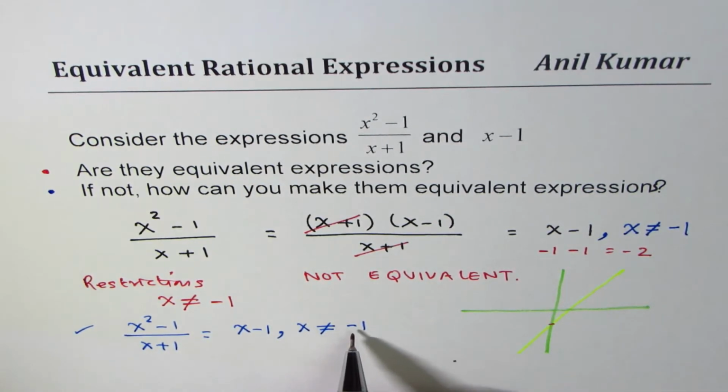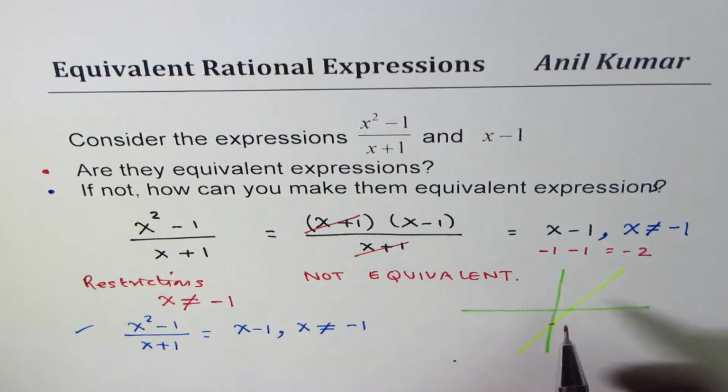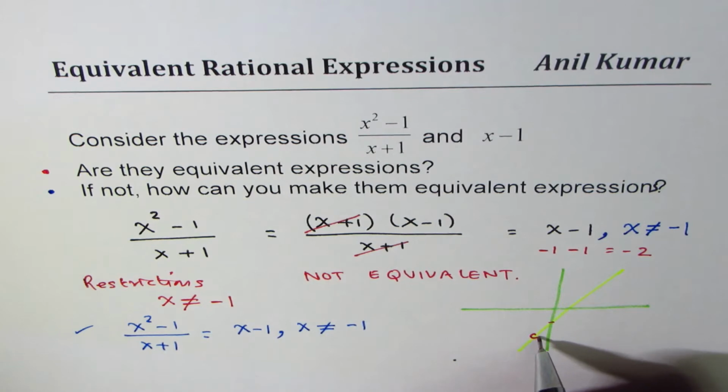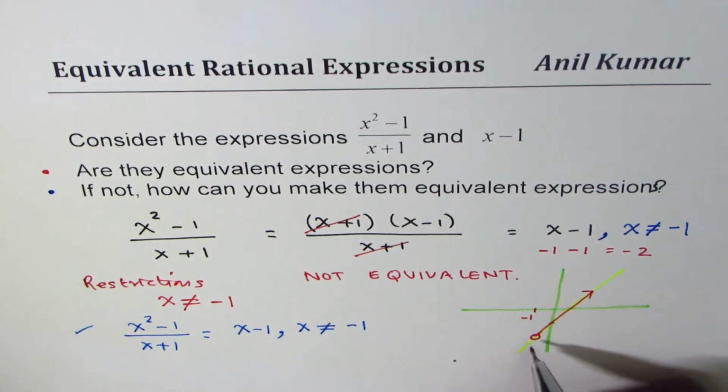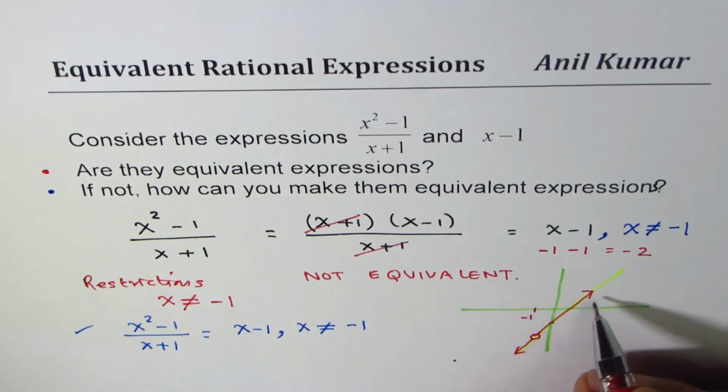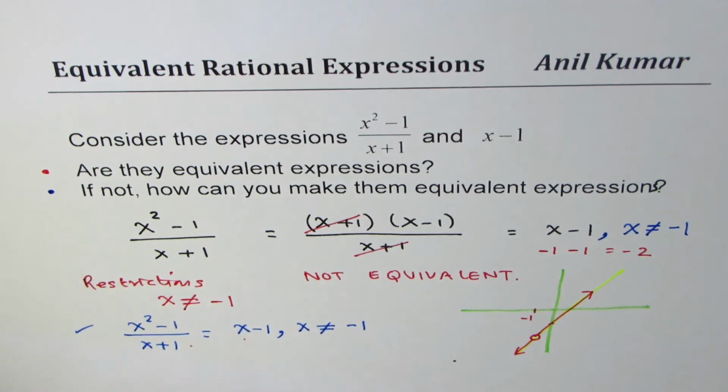And since minus 1 is not in the domain of the function, we get a hole at x equals minus 1. So if you sketch, the result is kind of like this. That matches with both the functions. Do you see that? A hole at (minus 1, minus 2). Because the restriction introduced, that x is not equal to minus 1, makes both of them equivalent.